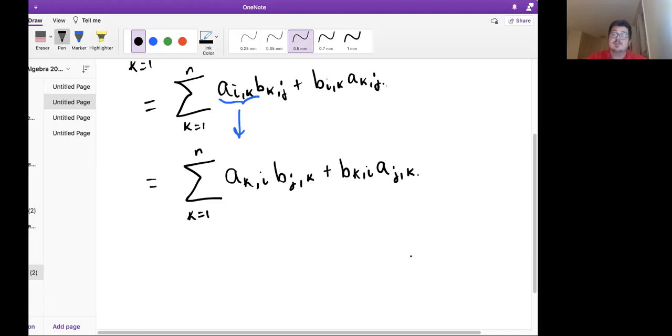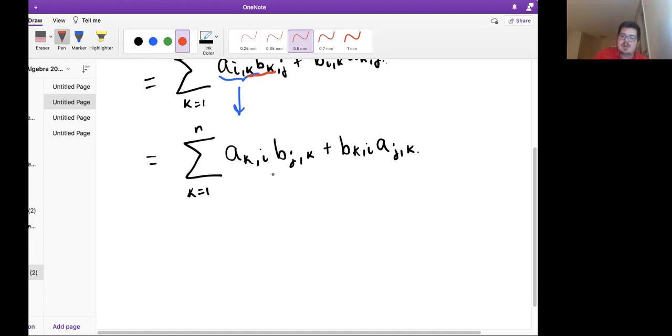What do I mean by matrix multiplication form? It's where the K's are next to each other, right? So how do you make the K's next to each other?